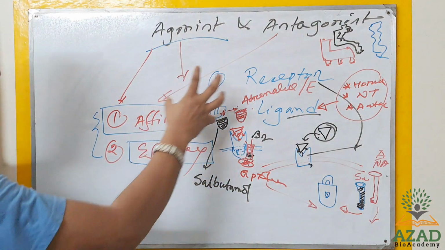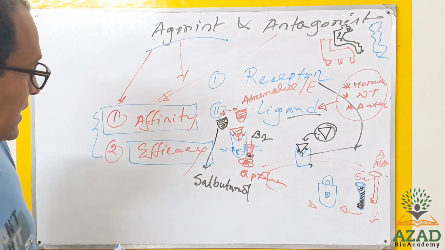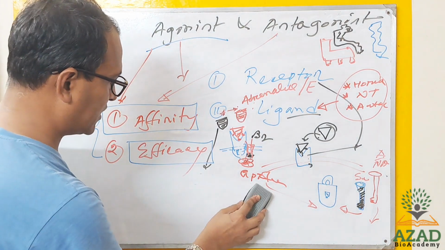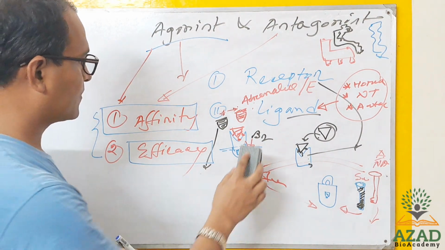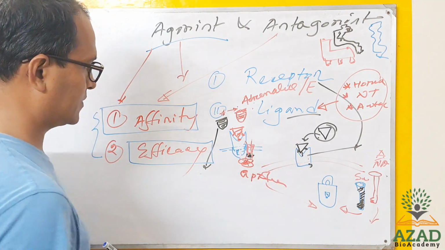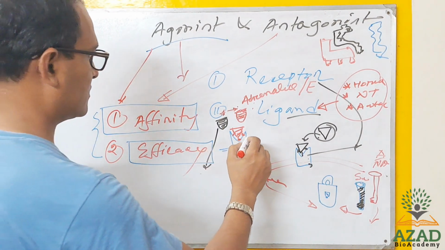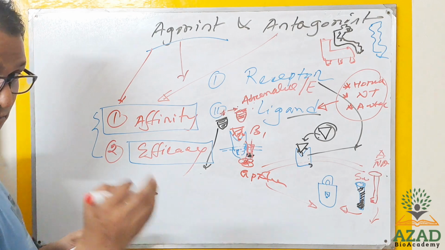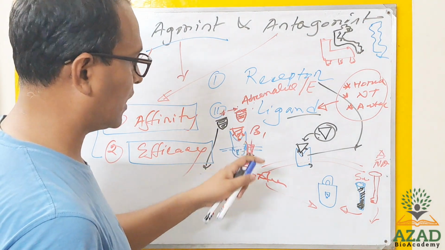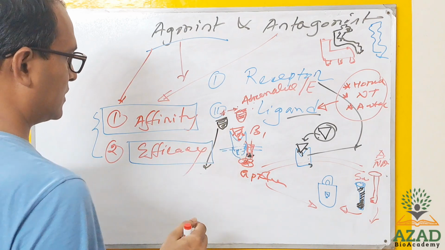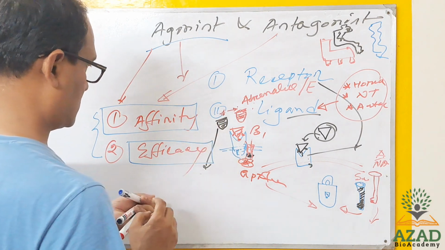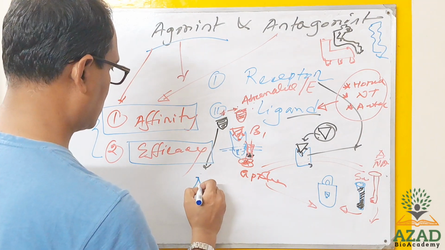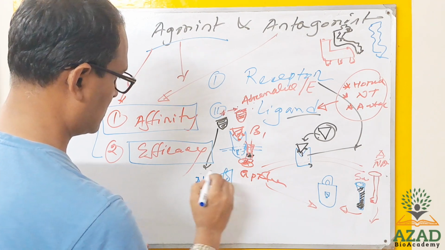Now if I give some examples, that would be easier for you to understand. So now I will change the example. Suppose you think this one is a beta 1 receptor. You know beta 1 receptor is very rich in the heart and also the kidney. So consider this as the heart, and this one you can consider as atenolol.